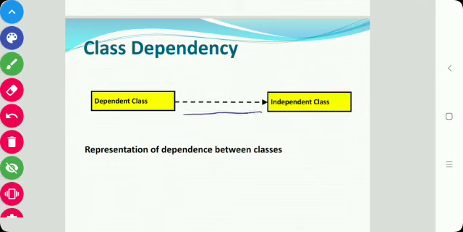For example, this is the dependent class, maybe a child, and this is a parent. It shows that a change in the independent class requires a change to be made in the dependent class. So that is the dependency. In the next section we will see interaction diagrams.